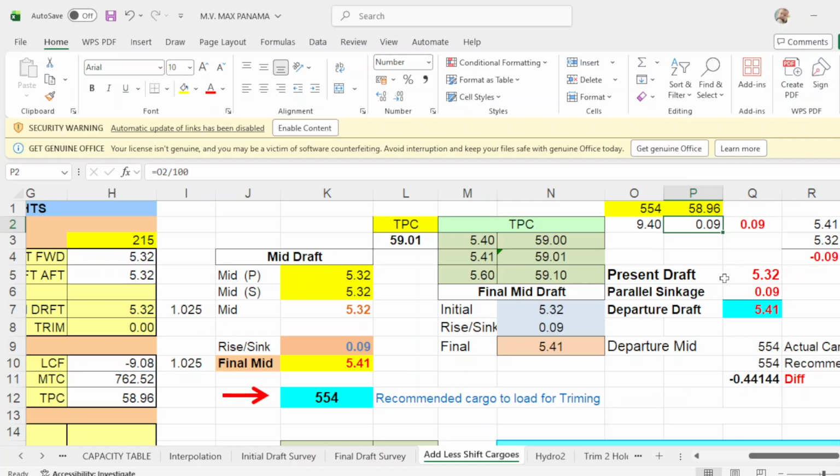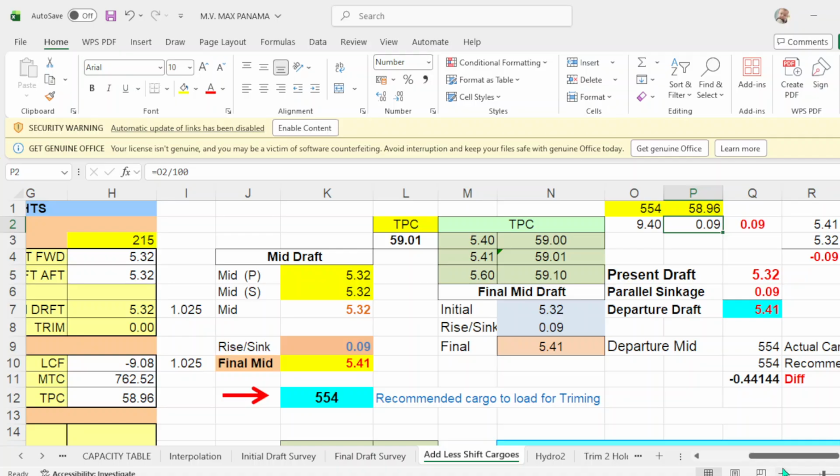So your initial present drop is 5.32, or your mid, plus your parallel sinkage, which is this one, 0.09. You add this one, that your departure drop will be 5.41. Why do you add?